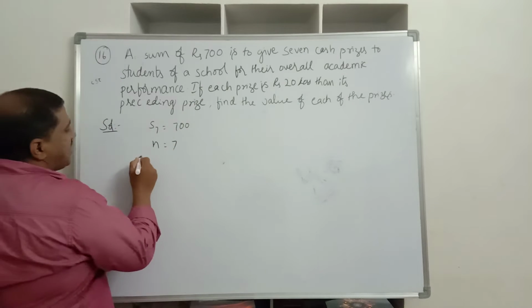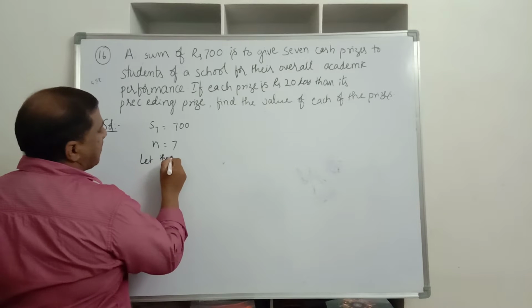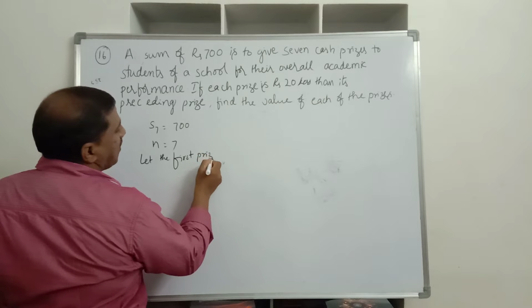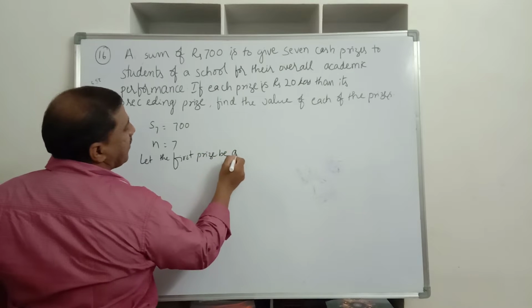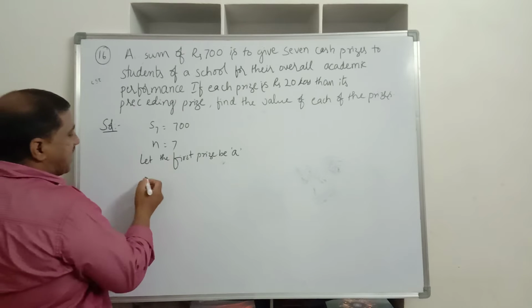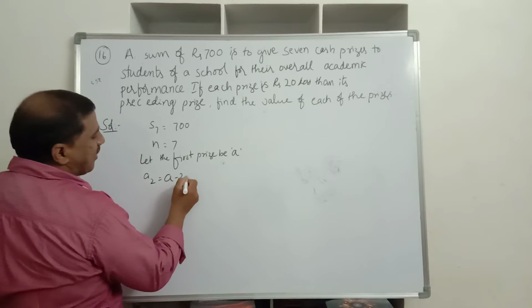Now let the first prize be rupees a, or simply a. The second prize, a2, will be a minus 20.